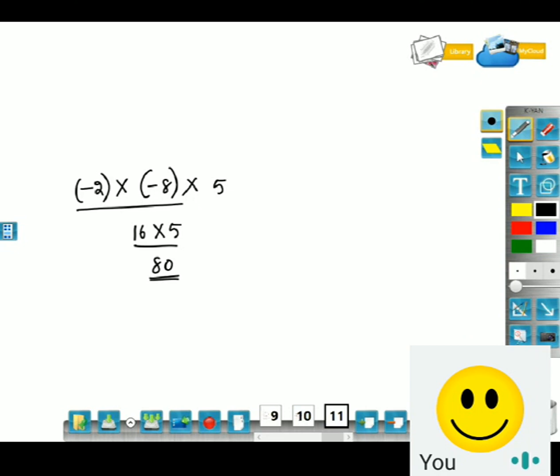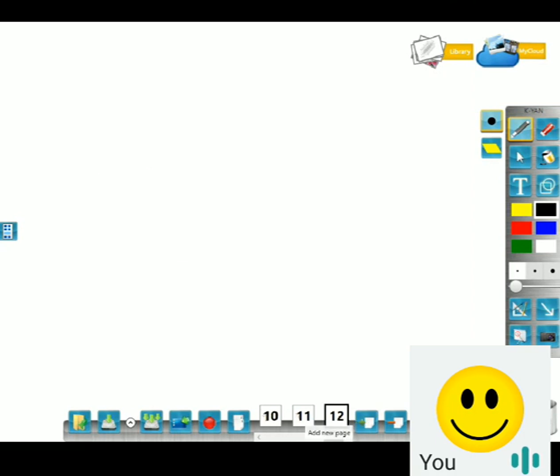Now, whatever properties we checked for addition and subtraction, we are going to check for multiplication. So what was our first property? Closure property. Yes, most of you have written the correct answers.